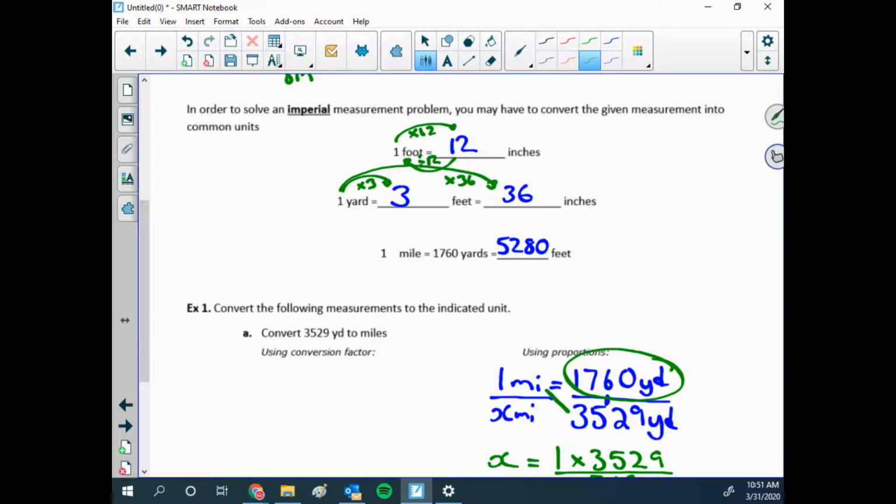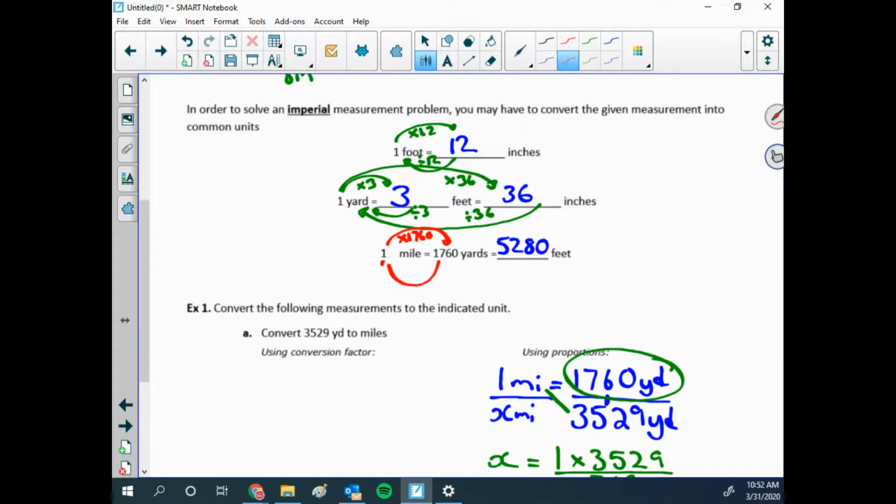To go backwards then, from inches to yards, I need to undo that process. So I would divide by 36. To go backwards from feet to yards, I would divide by 3. And the same thing is going to work down here. To go from miles to yards, I'd have to times by 1,760.